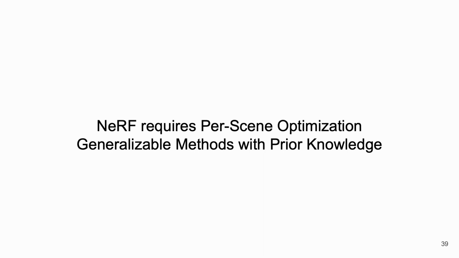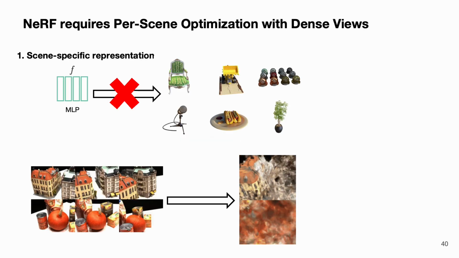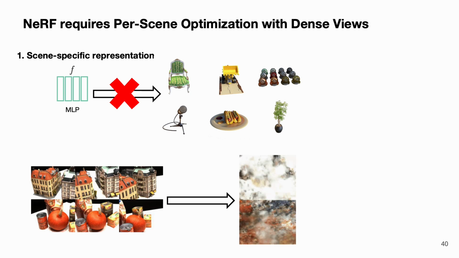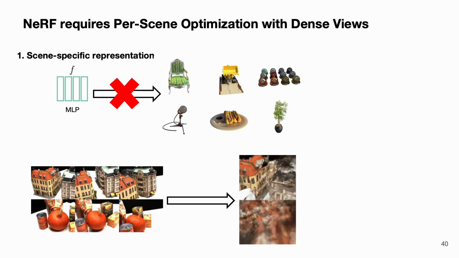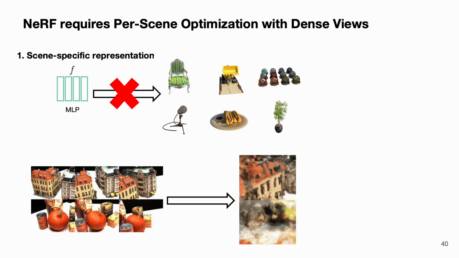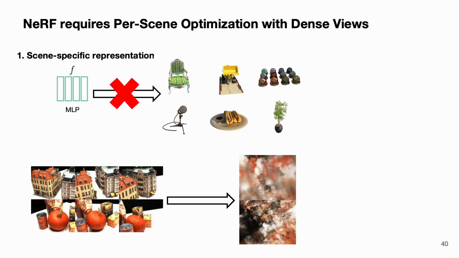Another direction comes from the limitation of NeRF that it requires per-scene optimization and cannot utilize a large dataset prior. So many researchers have proposed generalizable methods with prior knowledge. As NeRF originally learns a scene-specific representation, it is difficult to generalize to other unseen scenes. Unseen scenes means the datasets which are not in the training set.